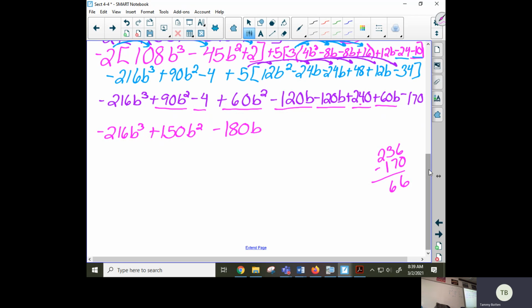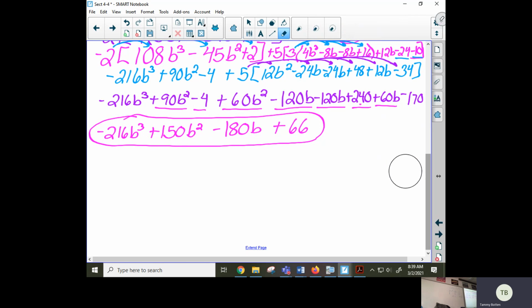Oh, I went negative 4 plus this, so I got the 236. So it's positive 66. So let's see if we got that right. We did. But like I said, that would be one that would be easy to make a mistake on. That's what I think is the worst part of today.